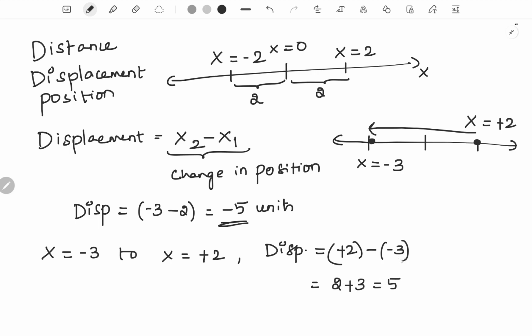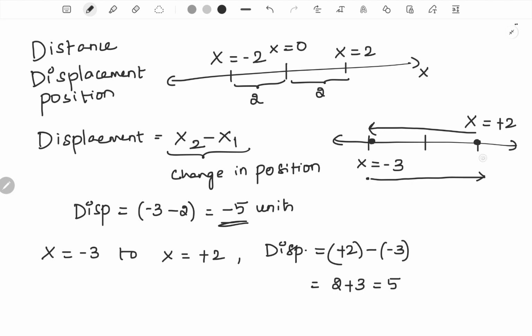Now we got the displacement as 5 units, plus 5 basically. What that plus indicates is that the final position of the particle is to the right of the initial position. And how far is that final position from the initial position? 5 units. So if you start at x is equal to minus 3 and travel 5 units to the right, plus indicating right, 5 indicating 5 units, we would end up at its final position.